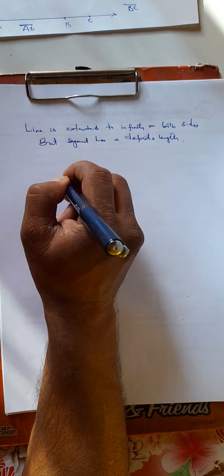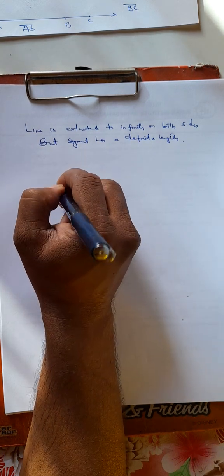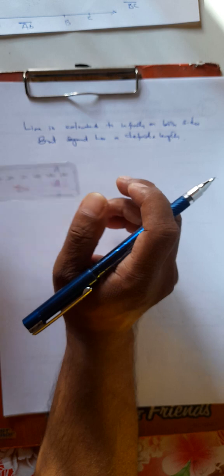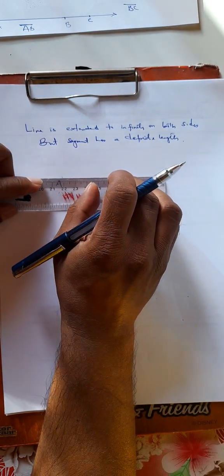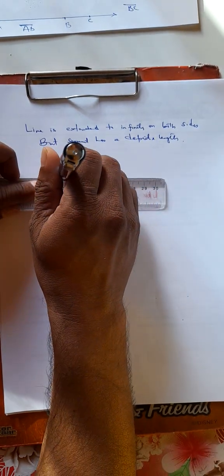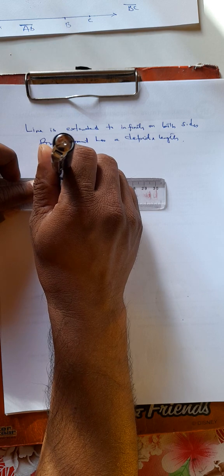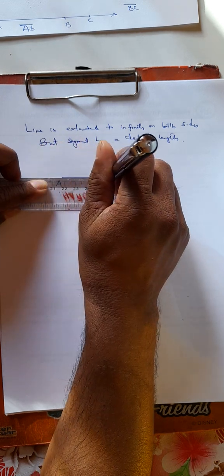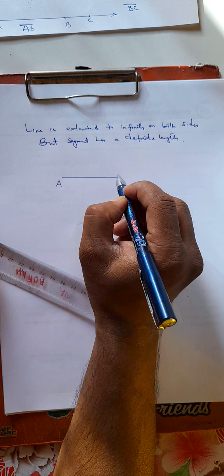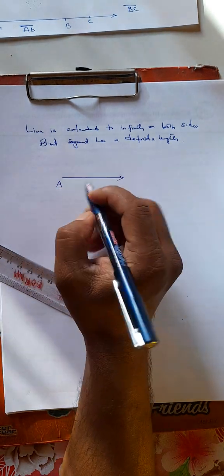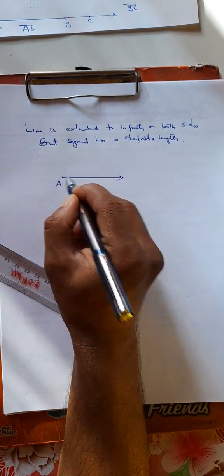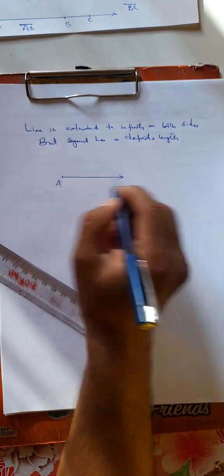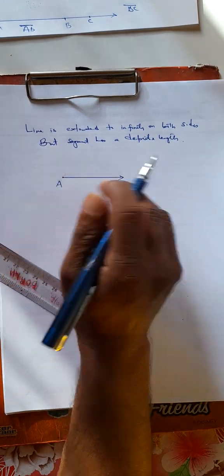Now let us imagine a point. Suppose this is A. Now you draw a line from this point and extend this to infinity on the right side. We are extending this line from this point A, and this is extended to infinity on only one side.